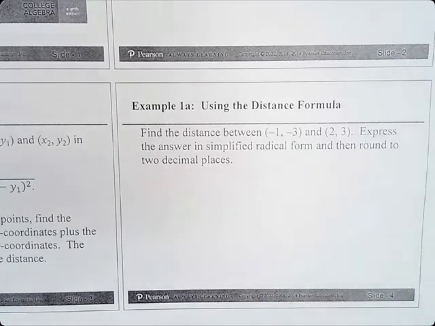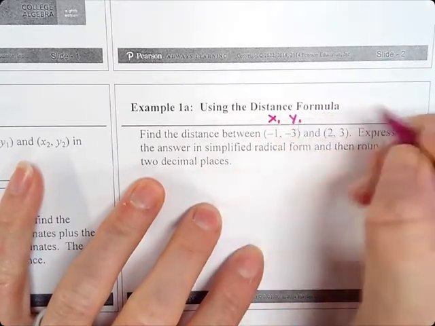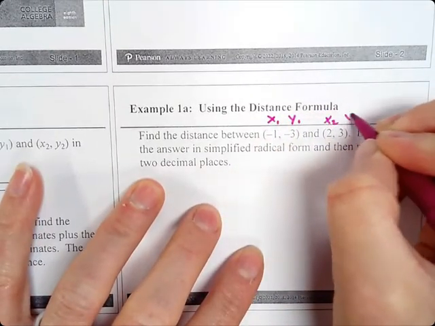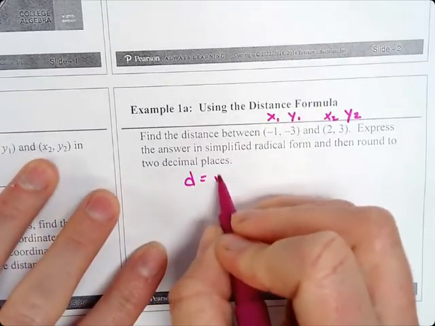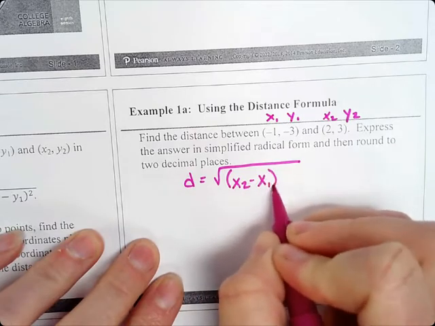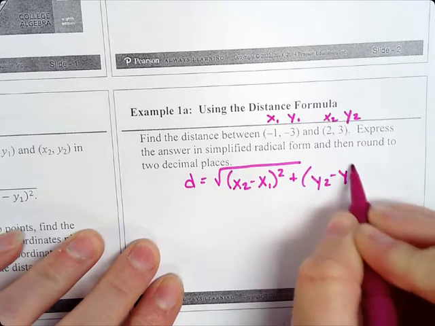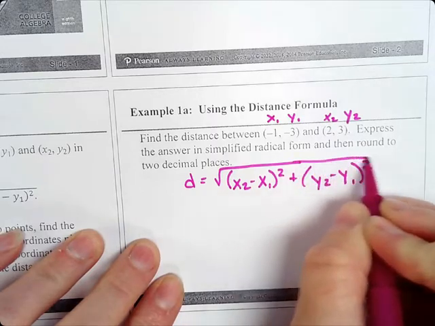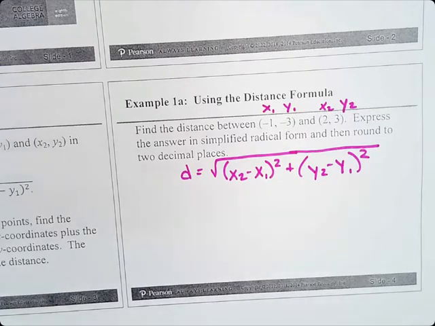Something I always suggest is label your x1, y1, x2, y2, and that way it makes it easier to put into the formula. So you find the difference between your x's and y's, square them, add them, take the square root.